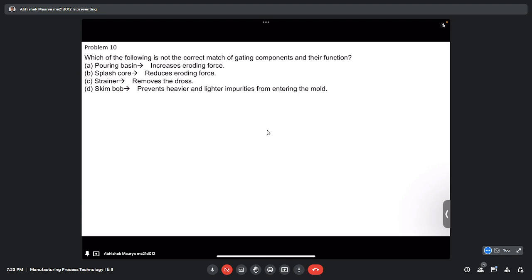Which of the following is not the correct match of gating components and their function? Okay, so first one is pouring basin, splash coat, strainer, skim valve. So again, we can take the example of the diagram which has been discussed in the course lecture also. So I will take a similar example.